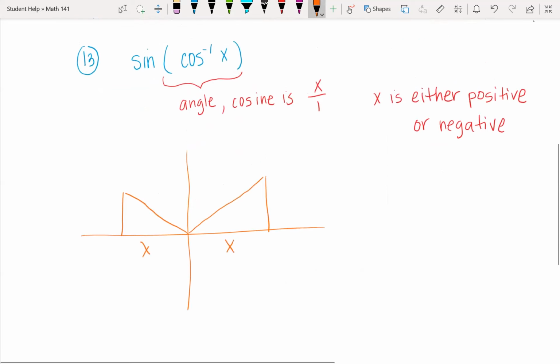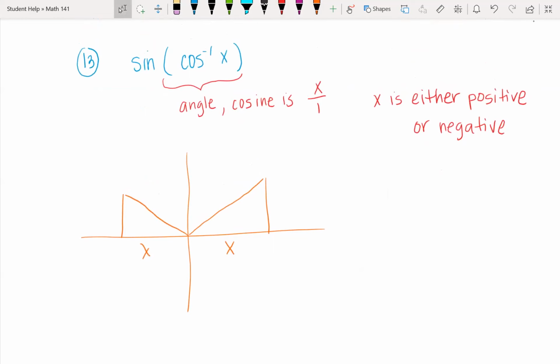We're saying that the cosine, which is the adjacent side over the hypotenuse, will be x over 1. We're assuming that the hypotenuse is 1 in both of these examples. I don't like that this triangle is so much smaller than the other, so I'm going to redraw it. That's better. Okay. Just like the problem that we had before, we'll use the Pythagorean theorem to find the missing side.